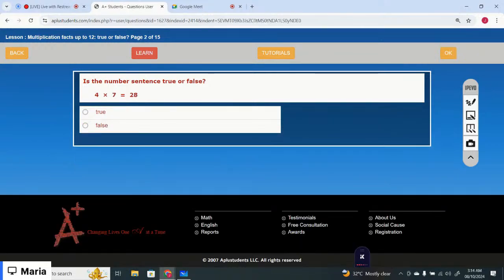Okay, is the number sentence true or false? 4 times 7 equals 28. So is it true or false?